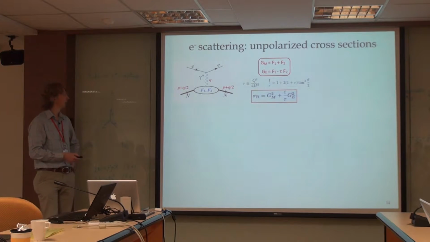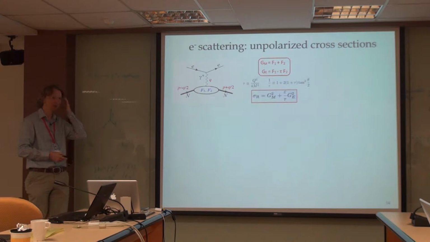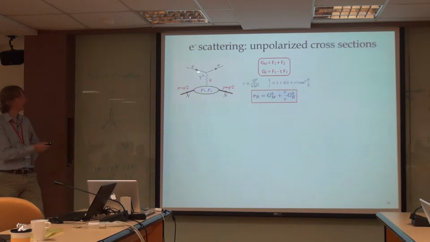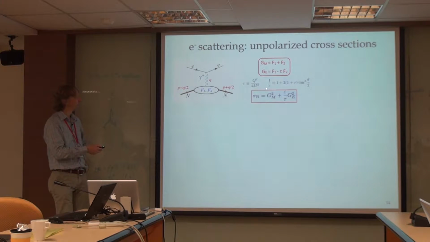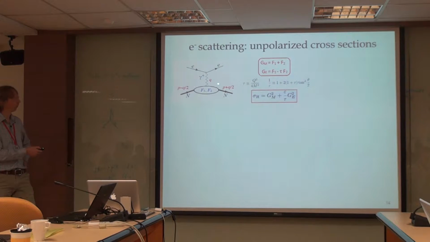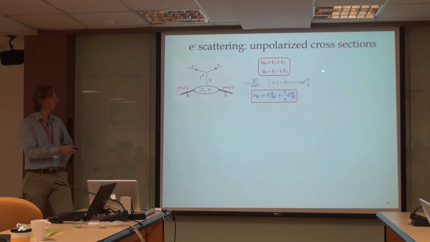And in an elastic electron scattering experiment, these form factors only depend on this virtuality Q², which is basically the probing scale of this photon. They depend also on the beam energy of the electron, or equivalently, one is often using a parameter which is the virtual photon polarization parameter, epsilon, which is given here by a quantity in terms of the scattering angle, which is varying between 0 and 1.